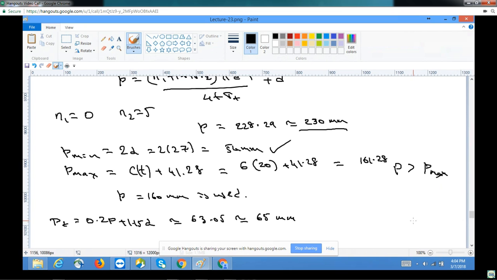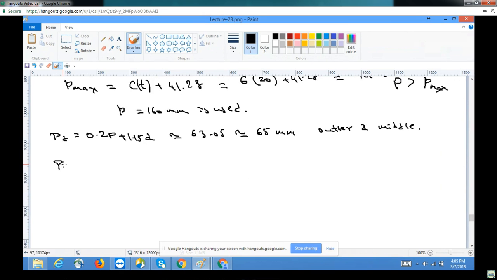This is between the outer and middle rows, and for the middle and inner, the 0.67 d formula will be used. This will give 44.49 for inner and middle rows, which is the pitch.